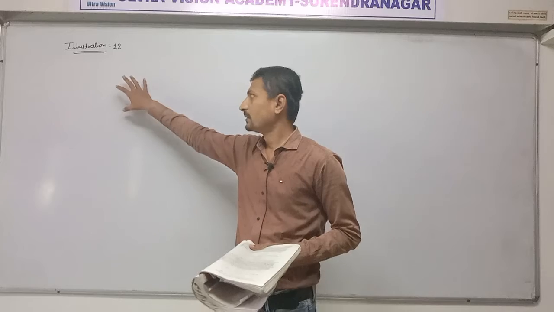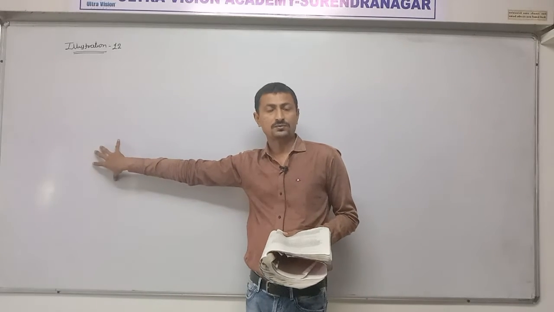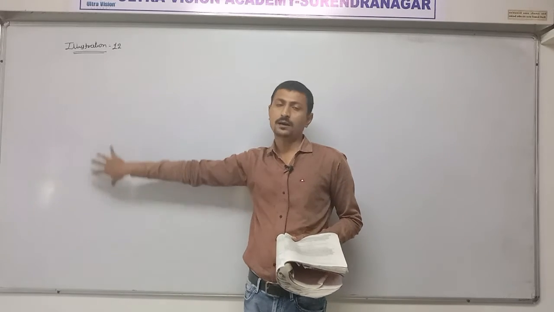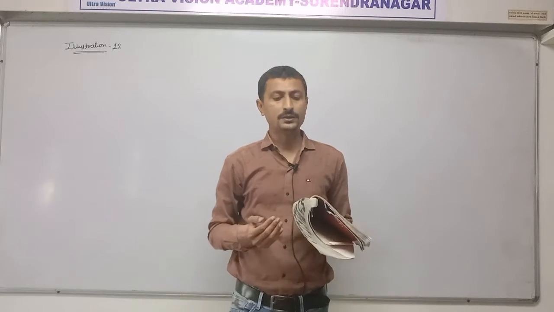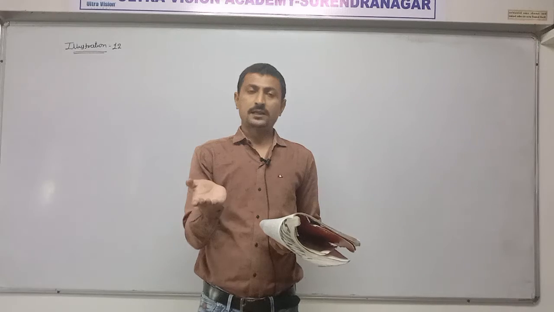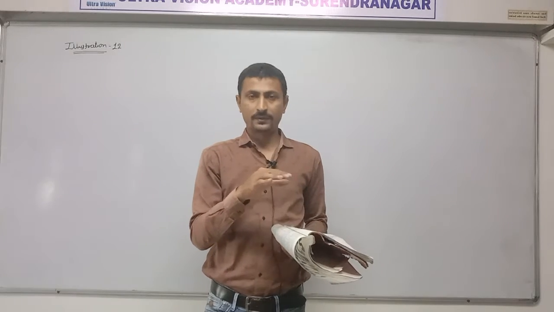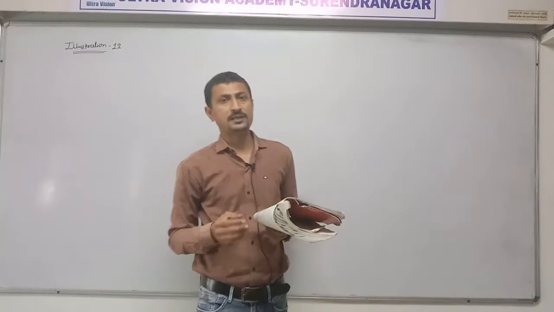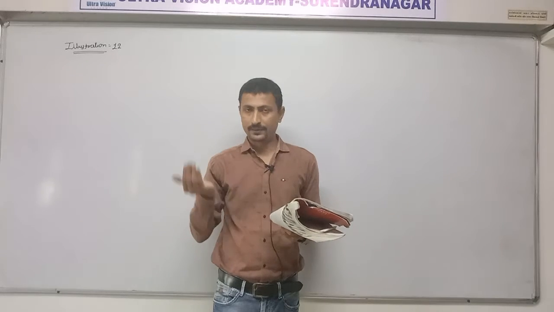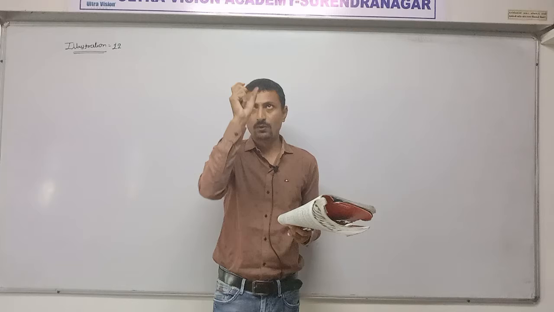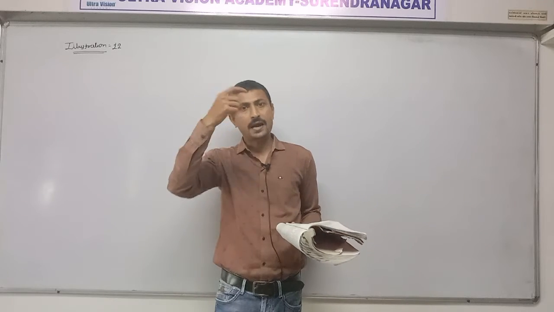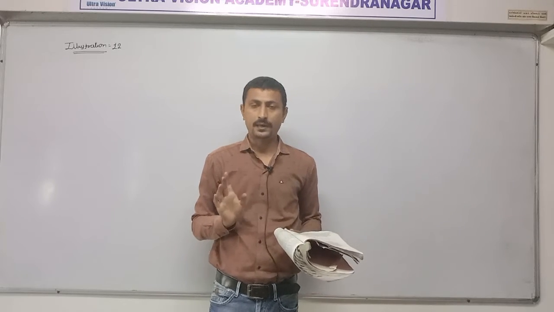First of all, the classes of the given distribution, lower limit and upper limit, are exclusive classes, and then we convert to inclusive. Inclusive converting to exclusive means 0.5 less and 0.5 add. Then the same rules apply: exclusive converting to inclusive means lower limit 0.5 less and upper limit 0.5 add.